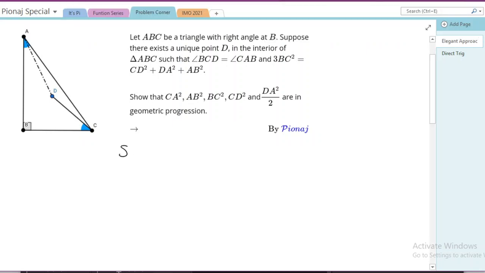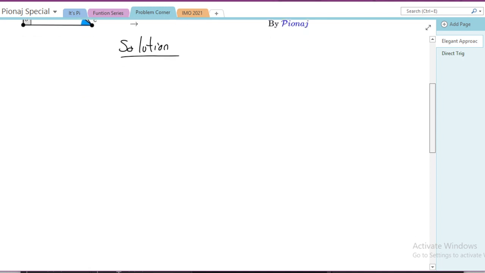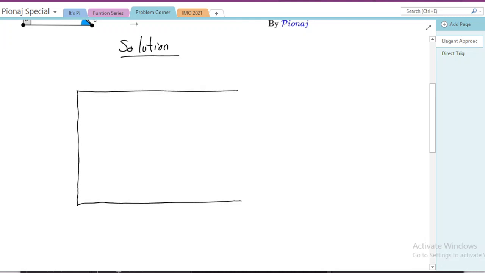Solution. All right, I'm just going to make a sketch. Okay, so what we're going to do is, this is point C, ABC, right?